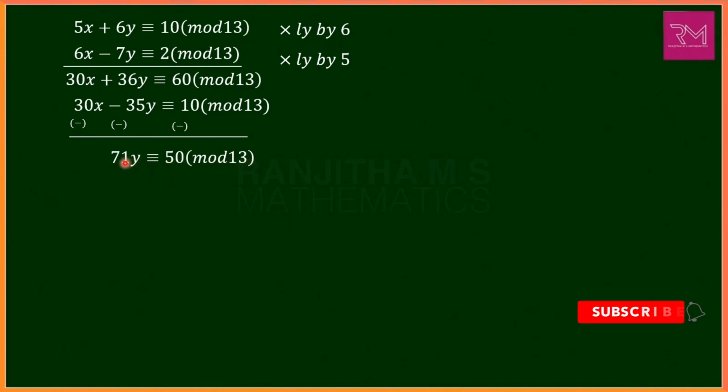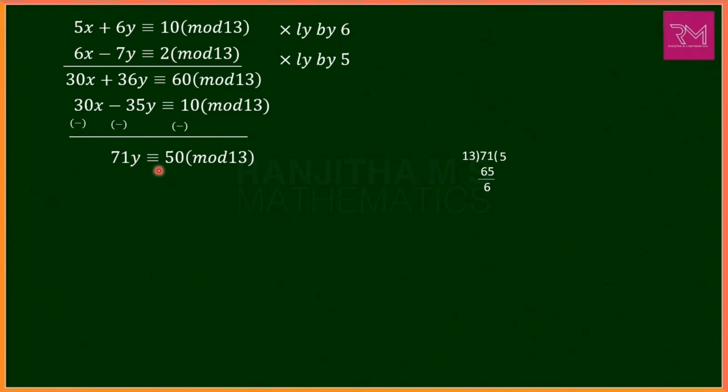If we divide 71 by 13, we get the remainder as follows: 13 into 5 is 65. If we subtract 65 from 71, we get 6 as the remainder. So in the place of 71, we can take 6. This is because 71 is congruent to 6 mod 13, satisfied.